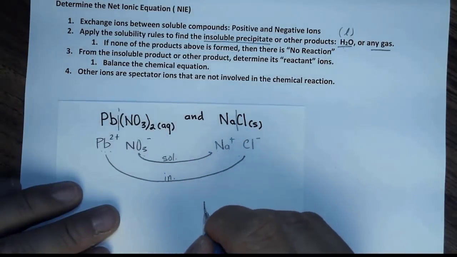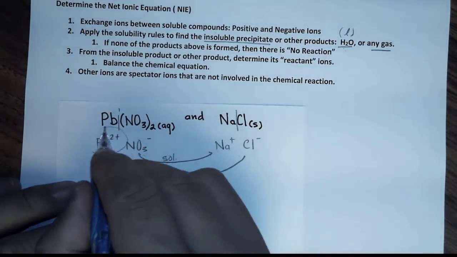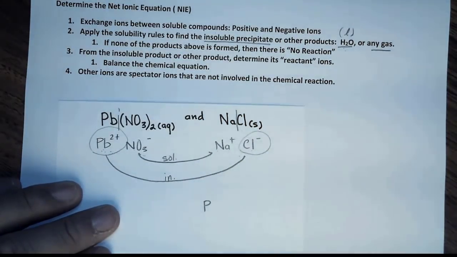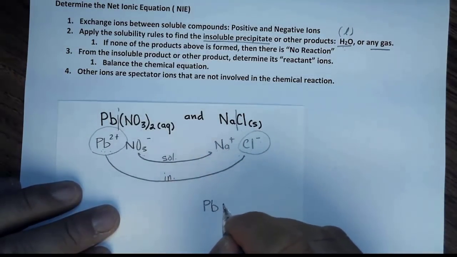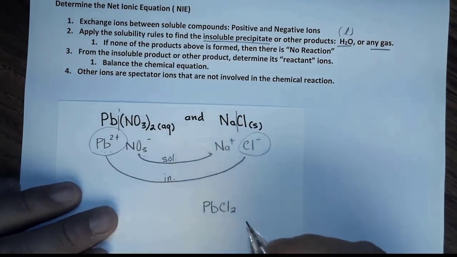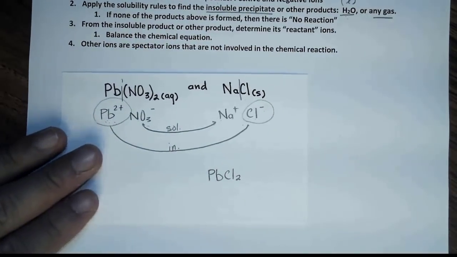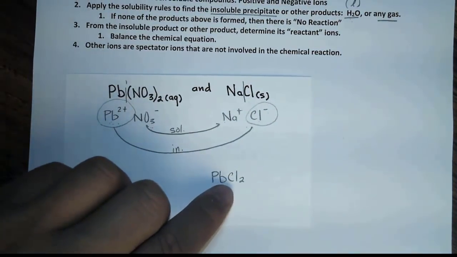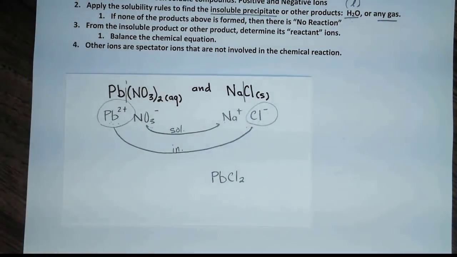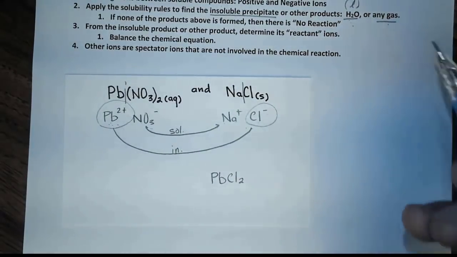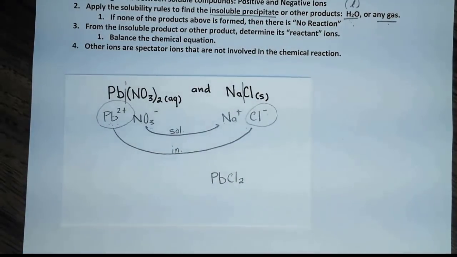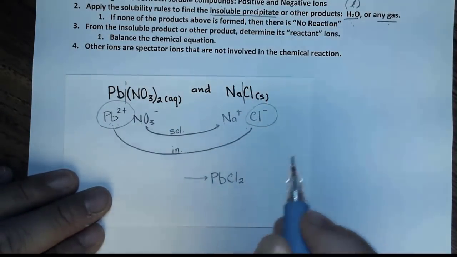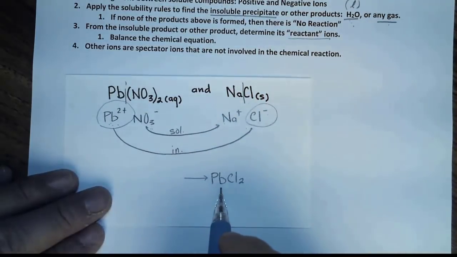So in this case, we would have lead. Lead is Pb2+, where chloride is Cl-. When we combine them together, we are going to have PbCl2, because the charges need to cancel each other out. Now the next step: when we have our insoluble precipitate or the product, that's either water or any gas, we can think backward to determine the reactants. So what are the reactant ions that are going to make this product?